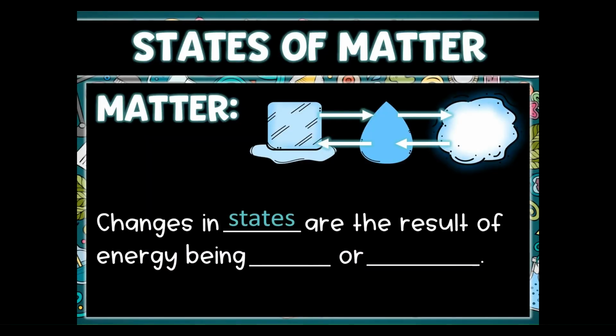So, here's the real cool part: depending on how much energy you add or remove, you can go from a solid to a liquid, or a liquid to a gas, or a gas back to a liquid, and then a liquid back to a solid. It doesn't matter what case you're talking about here, you can go back and forth between the different states of matter if you add or remove energy.